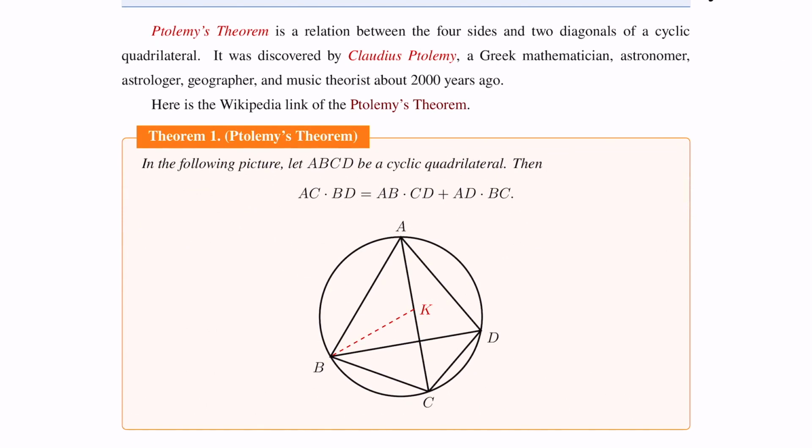In the following picture, ABCD is a cyclic quadrilateral in the sense that the four vertices A, B, C, D are on the circle.